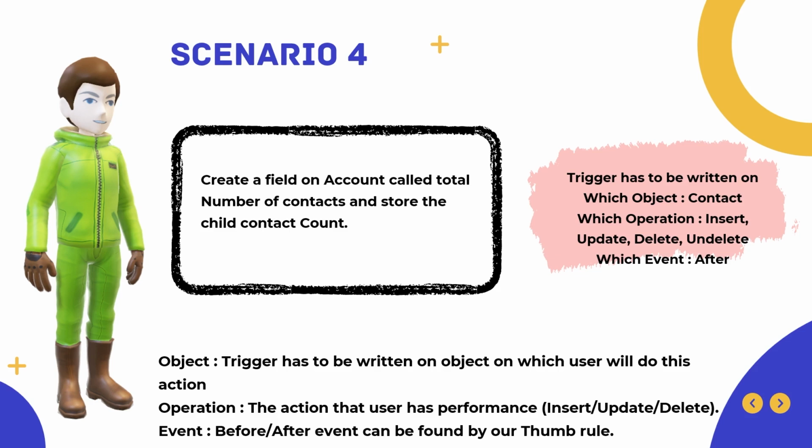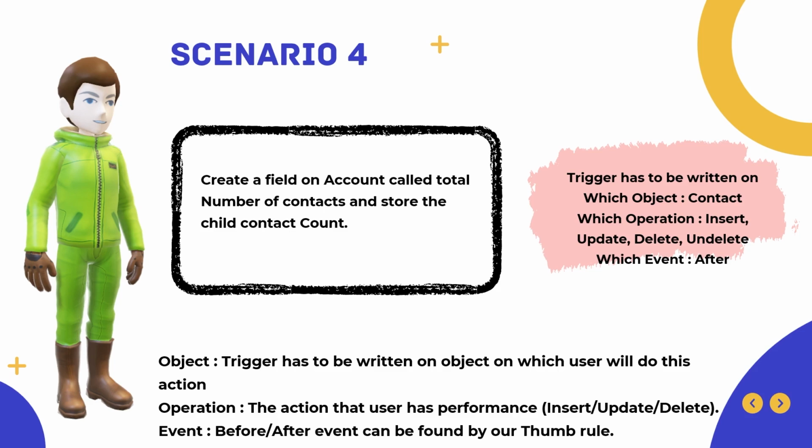So our trigger will be on the Contact object, and our operations will be insert, update, delete and undelete. Our event will be after, because we are not going to update the same record, we will update the parent record, which is Account.